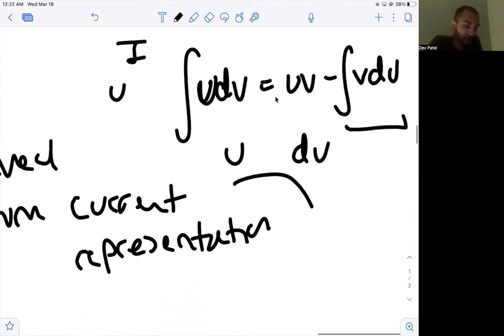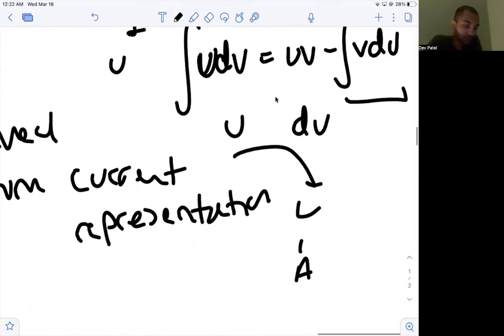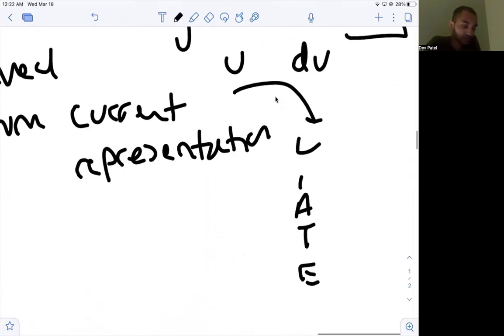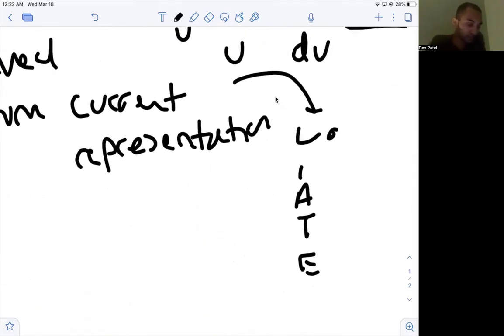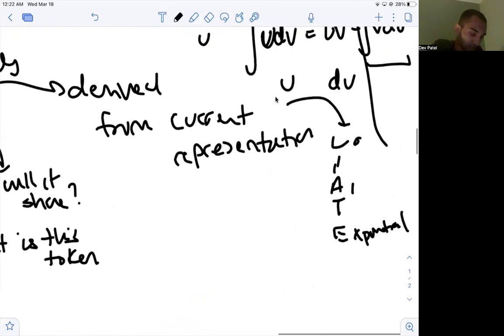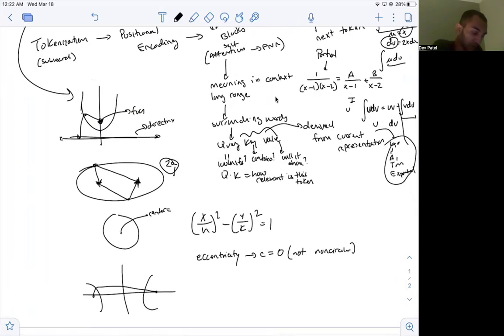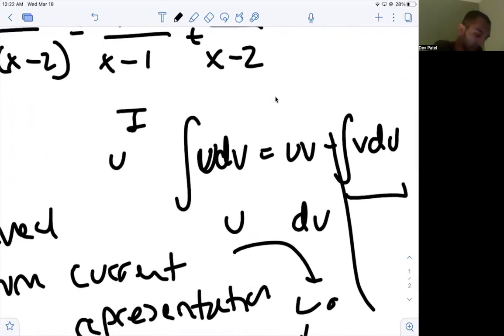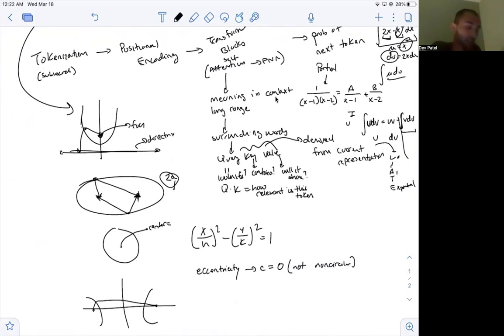Typically you follow LIATE, and you pick the u that is closest to the top: logs, inverse trig, algebraic, trigonometric, exponential. But the key concept is, whenever you're picking your u and dv, you want to make the integral of v du as easy as possible, at least easier than the integral that you are starting off with.